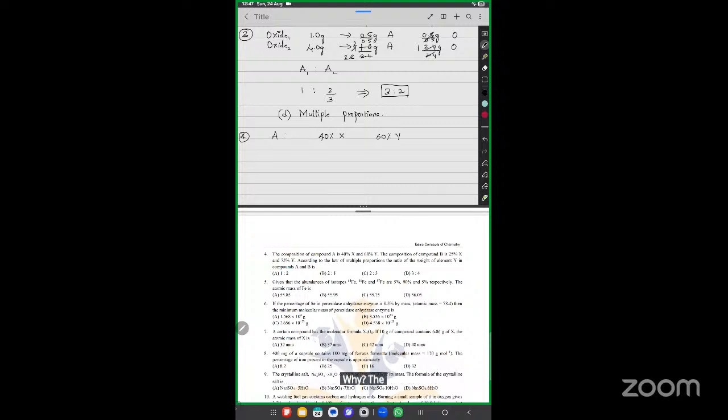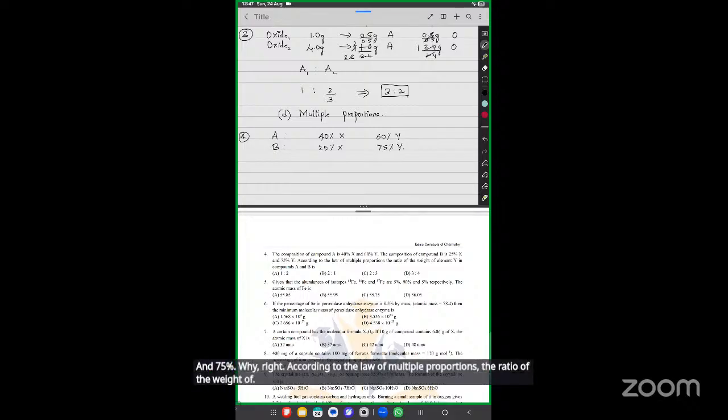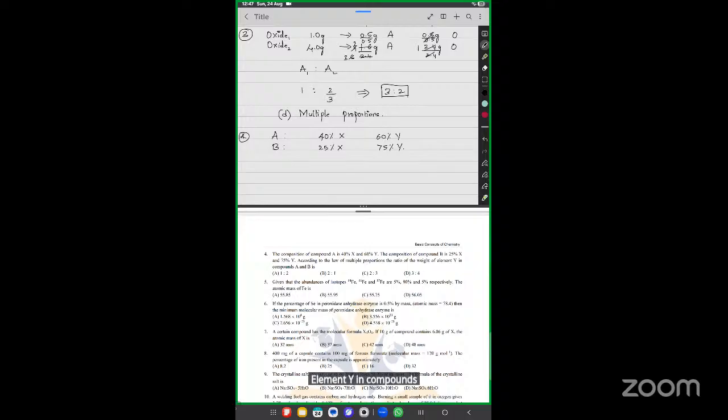The composition of compound B is 25% X and 75% Y, right? According to the law of multiple proportions, we have to find the ratio of the weight of element Y in compounds A and B. So we have to find the ratio of Y in A to the ratio of Y in B. Is it correct? This is the question, right?